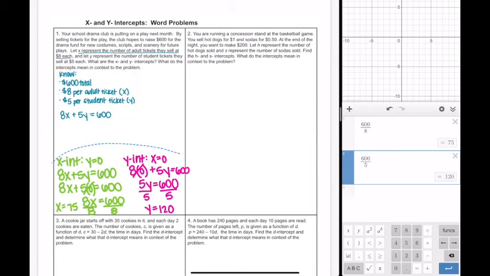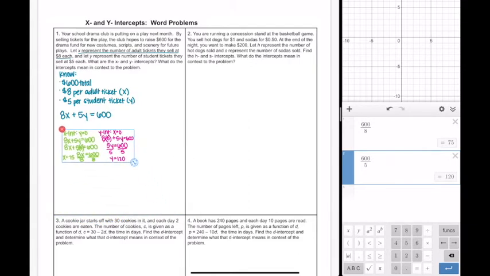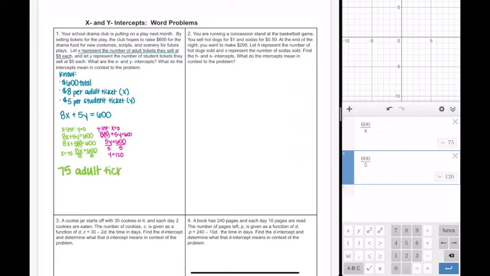Well, if X was 75 when Y was 0, then that means that we need to sell 75 adult tickets if 0 student tickets are bought.